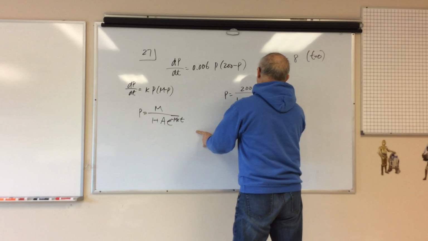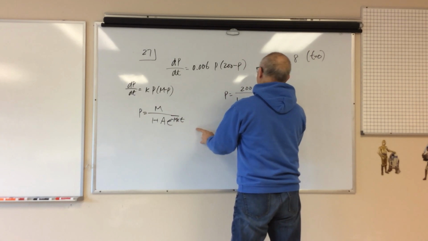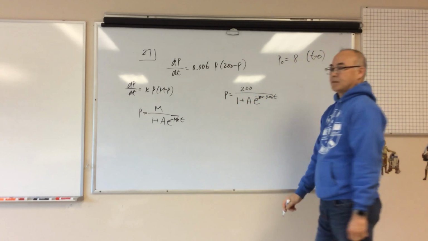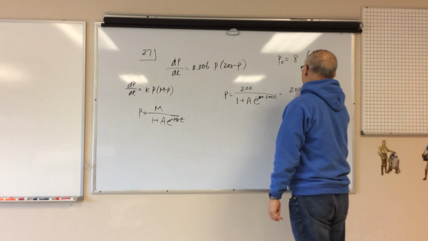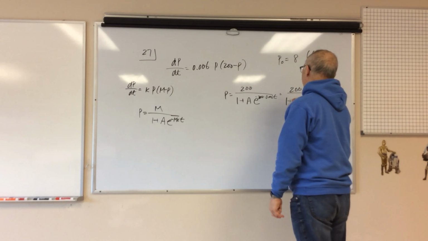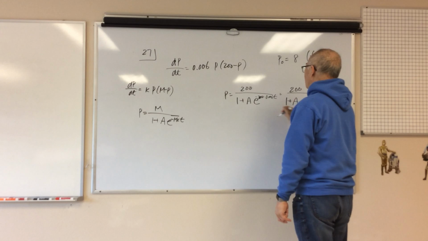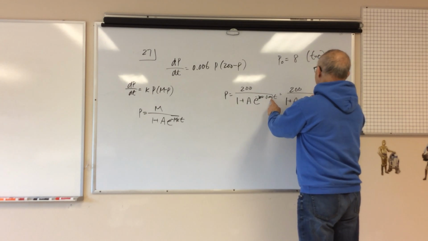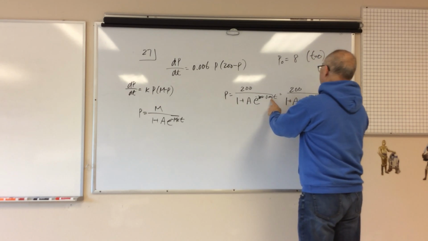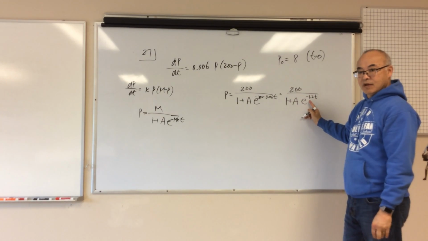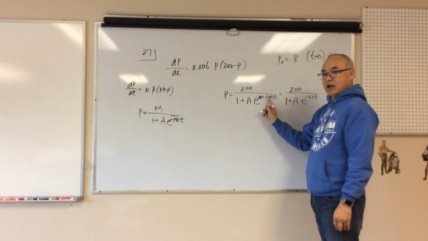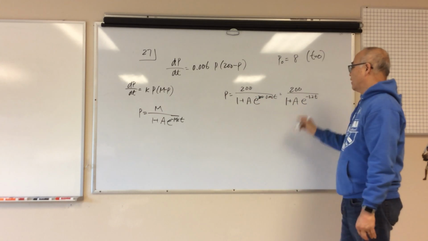M is 200 times 0.006 t. So this is going to be equal to 200 over 1 plus A e to the negative 1.2 t. You understand where the negative 1.2 came from? This is M times k, right there.